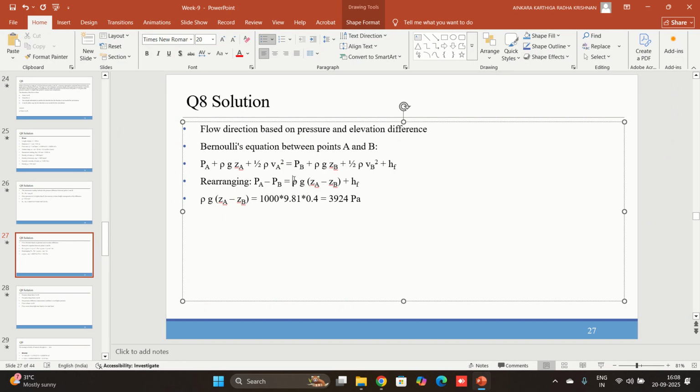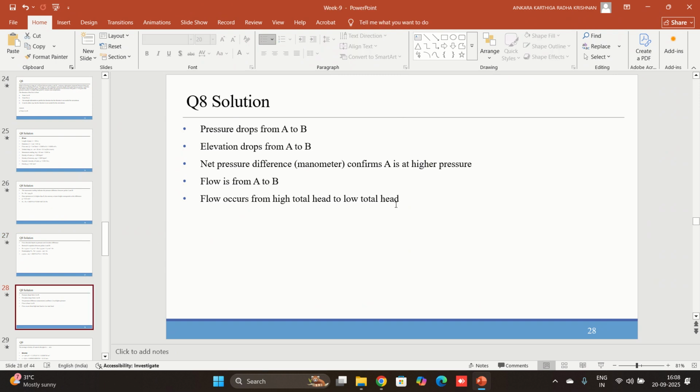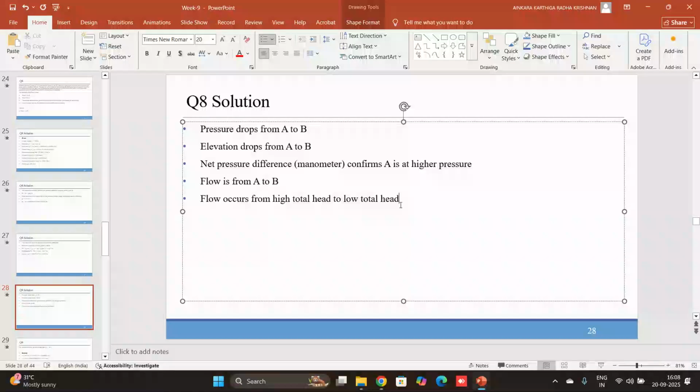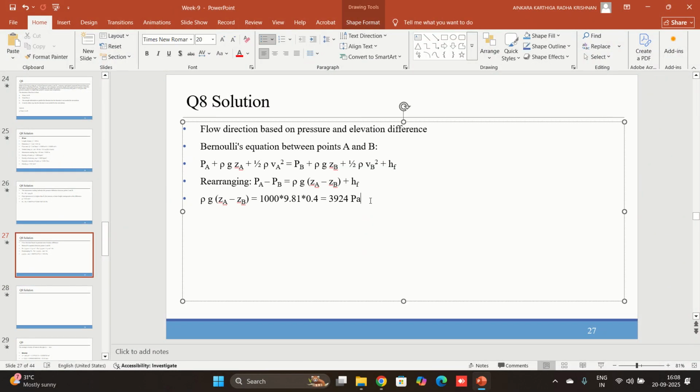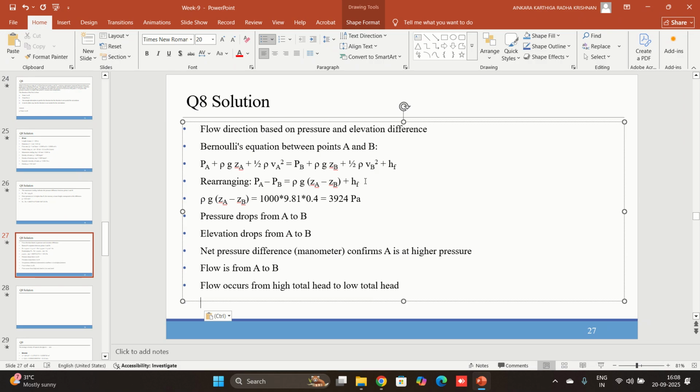Now rho g (ZA minus ZB), if we calculate separately, this is actually not needed, but anyway, I'll put it together.